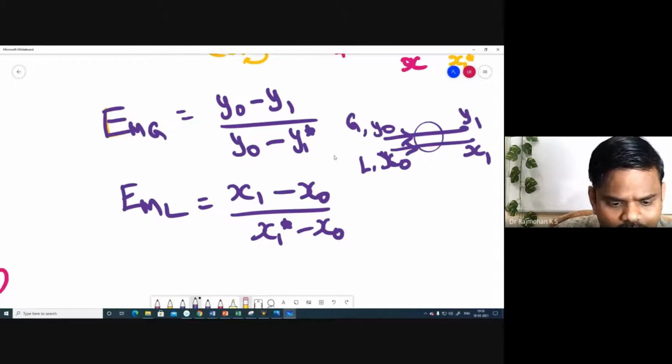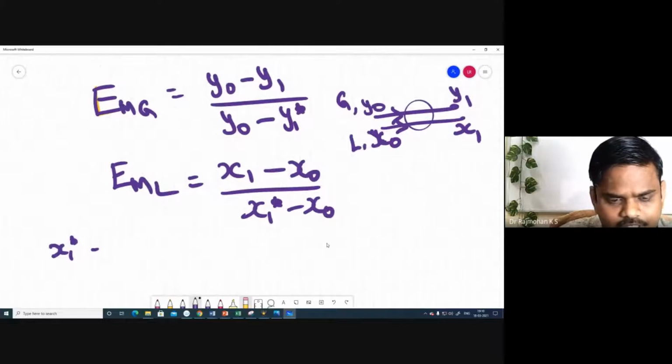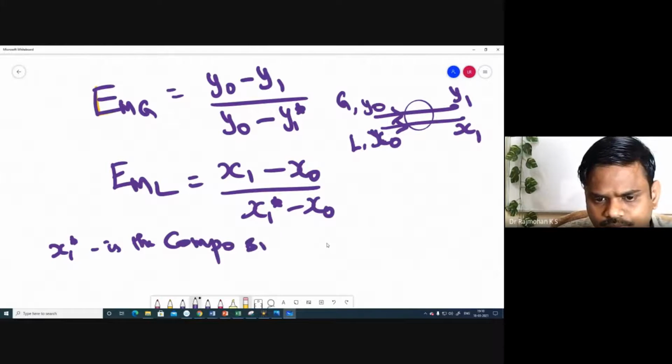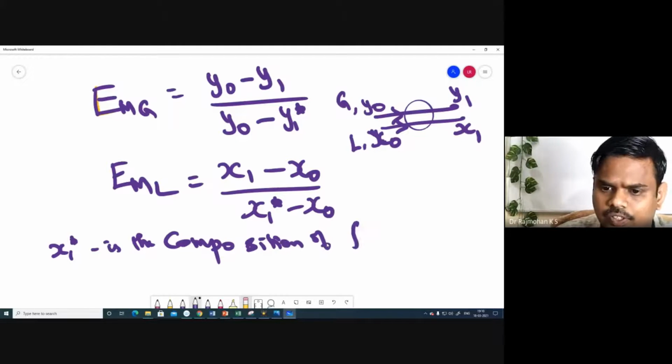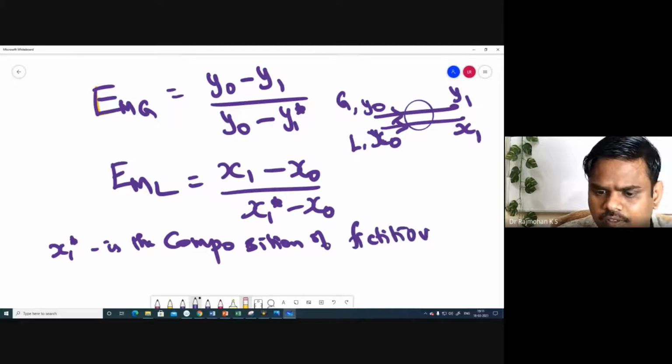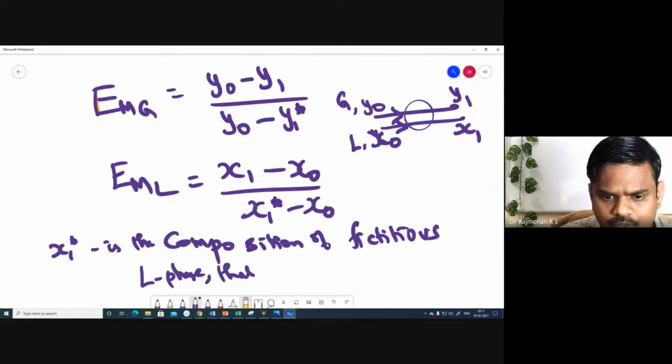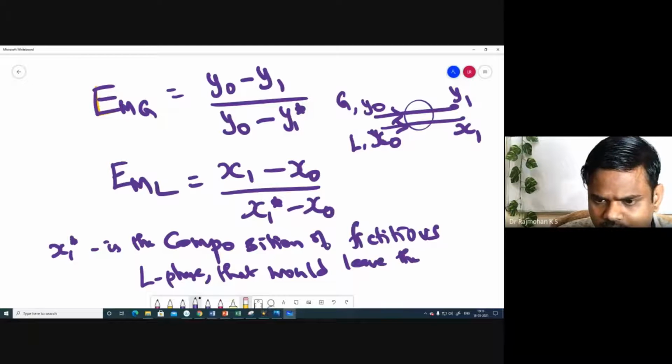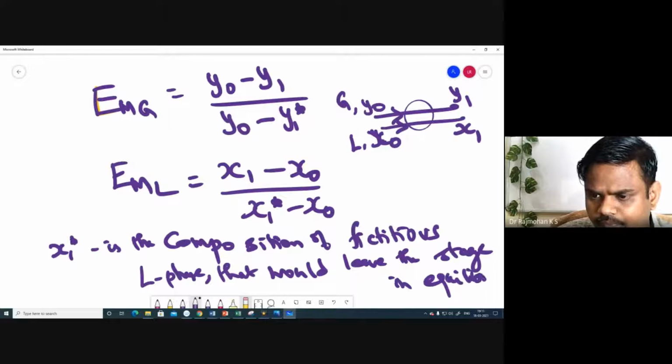So what is this x1 star? x1 star is the composition of the fictitious liquid phase that would leave the stage in equilibrium.